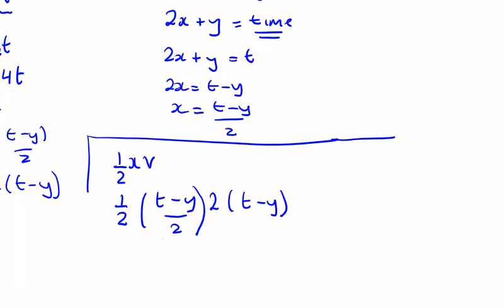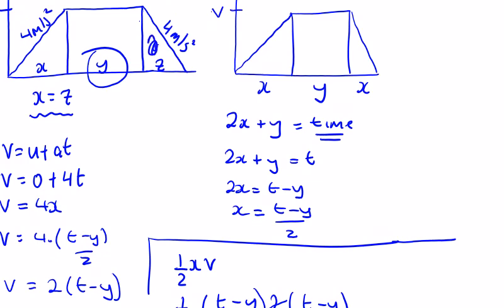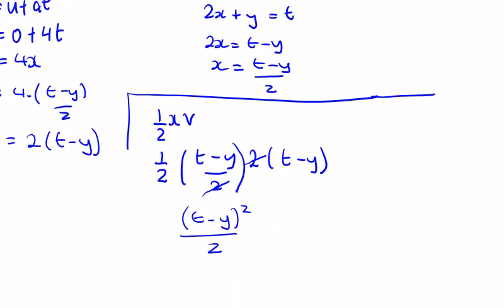Now this does simplify down. Get rid of those 2 there. And I'm going to get t minus y by itself over 2. Now that's going to be the same as this sector here. So I could double that, multiply that one by 2, and that's equal to just t minus y squared. That's those 2 sectors.